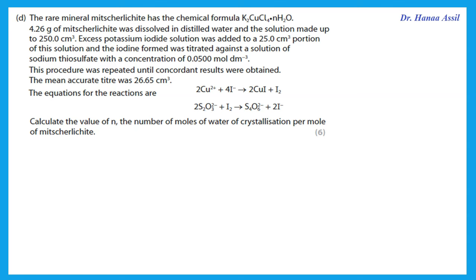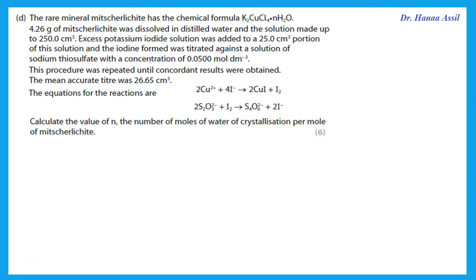The rare mineral has a chemical formula, and 4.26 grams of the mineral was dissolved in distilled water and the solution made up to 250 centimeter cube. Excess potassium iodide solution was added to a 25 centimeter cube portion of the solution, and the iodine formed was titrated against a solution of sodium thiosulfate with this concentration.